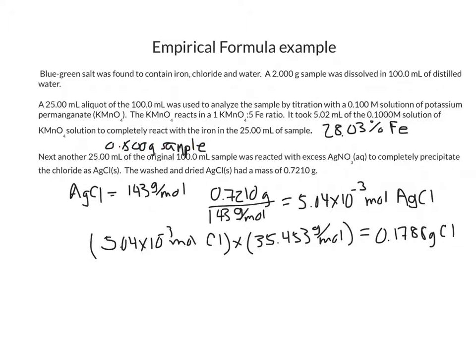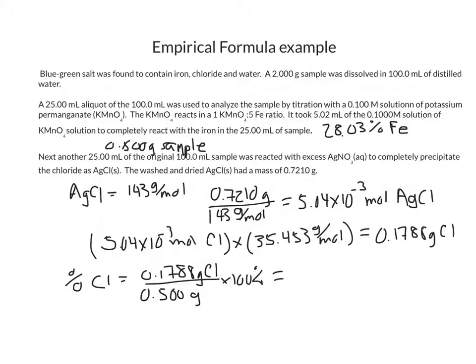And so my percent chlorine is the 0.1788 grams of chlorine divided by a total mass that I used in this analysis of 0.5 grams times 100% gives me a percent chlorine of 35.8% chlorine.